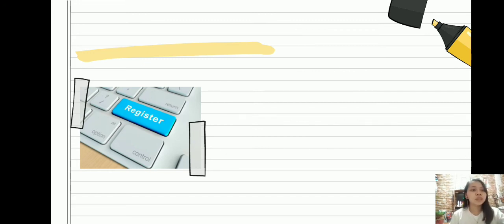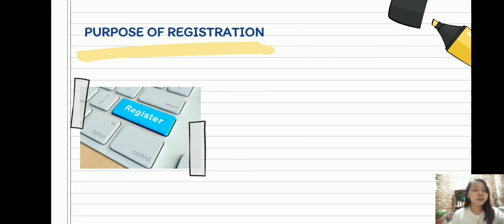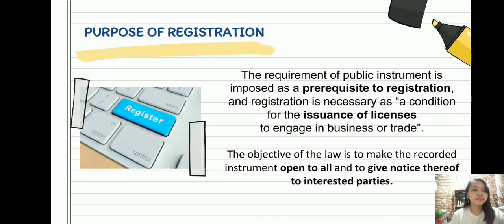So, yun. Next is, ano ba yung purpose ng registration? The requirement of a public instrument is imposed as a prerequisite to registration, and registration is necessary as a condition for the issuance of licenses to engage in a business or trade.